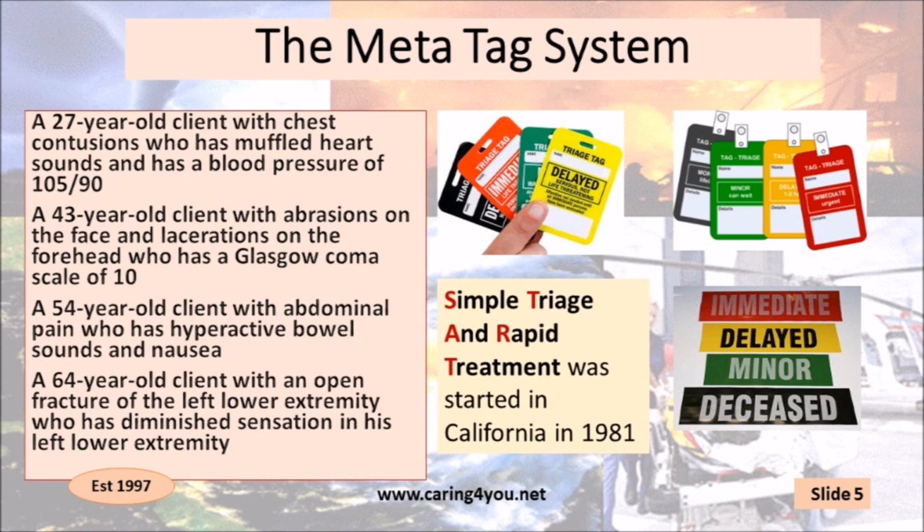Basically, we have 4 colors. What are those colors? Black, green, yellow, and red. Now, we don't really give out green tags, but green is for all the people that can follow your directions and get out of the way.